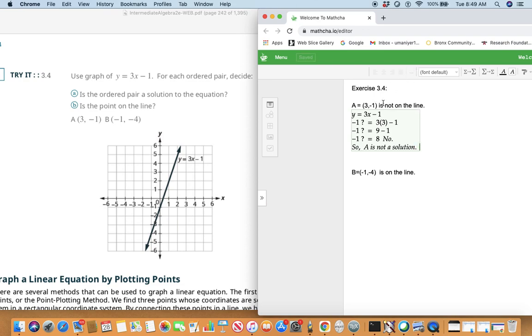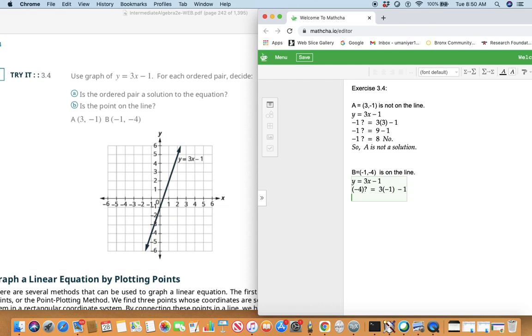So notice, if it is not on the line, it is not a solution. Let's check for B. Y equals 3x minus 1. I'm going to take x equals negative 1, y equals negative 4 in this equation and check whether the two sides are equal.